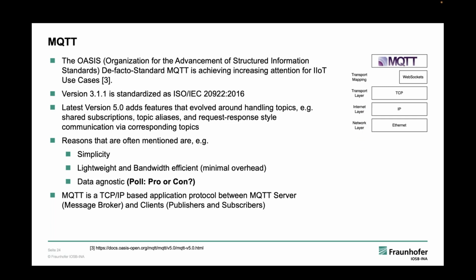So what I want to mention is, talking about MQTT or talking about Sparkplug or talking about OPC UA, let's keep the OSI model, communication model, the layered model you can see on the right of the slide always in mind. So MQTT sits on top of the TCP IP stack, can also be tunneled through web sockets, of course, but basically it's a TCP IP based client server protocol.